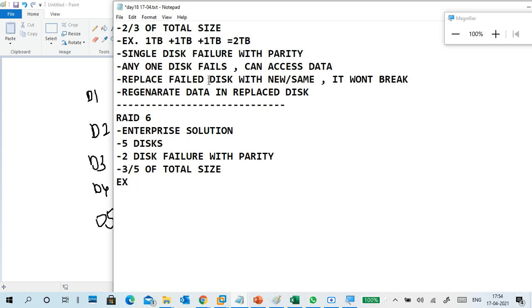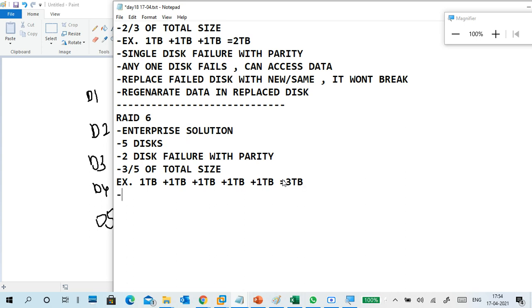Example, so be lazy because we don't have time also. So totally 5 disks we'll get 3 terabytes.